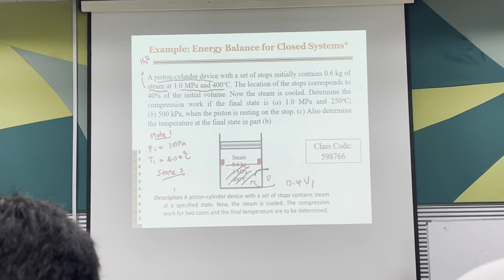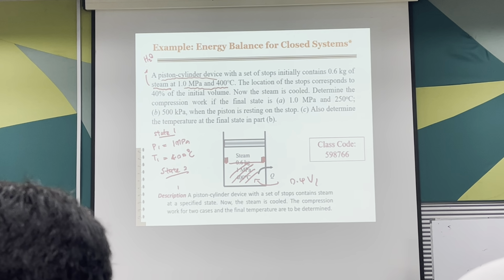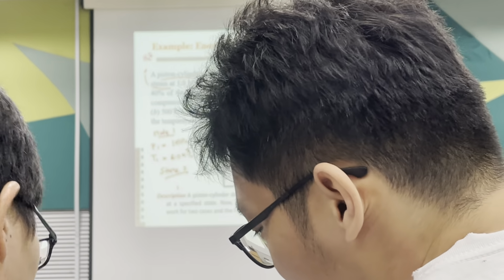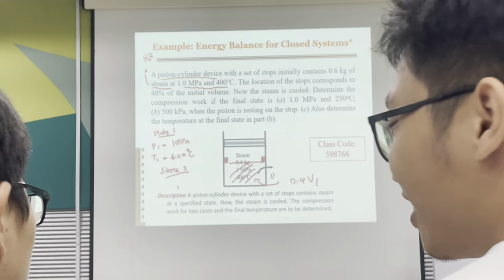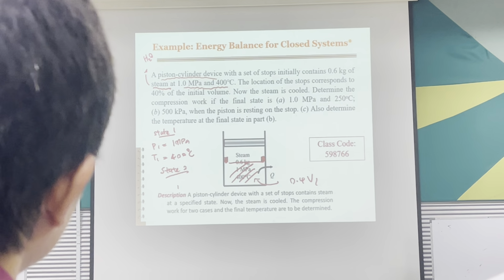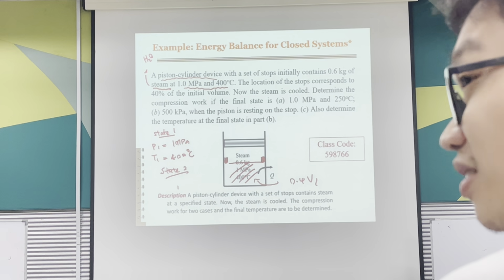So P2 is 1 megapascal, T2 is 250 degrees Celsius. That's your second state. Of course, then B, you actually have a third state when the pressure is 500 kilopascal. And C, temperature at the final state, part B. So meaning we are looking for T3.